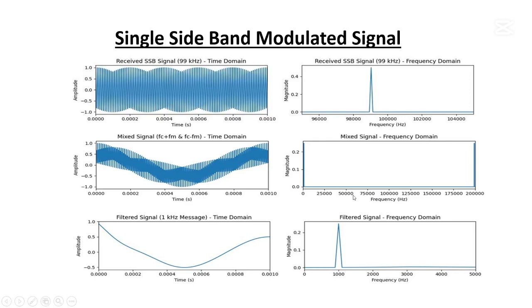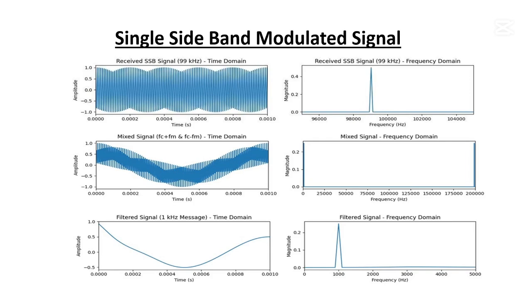So if the carrier frequency is not the same, then our original signal cannot be obtained correctly. There can be a difference between the original and the extracted one. All right, so these are the two techniques here. I hope you got these.